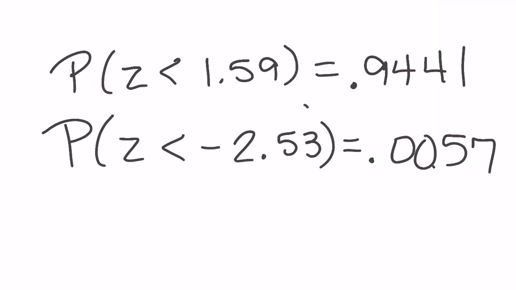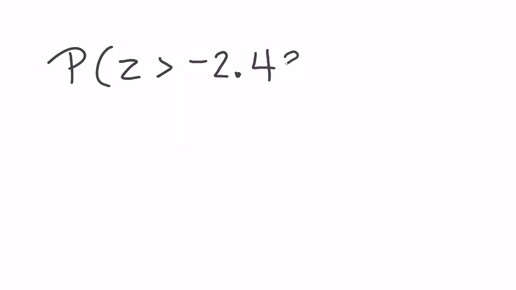Now today, we've started adding some more complicated stuff to these problems. First, we started by talking about the probability that Z is greater than a number, let's say negative 2.43. In order to find this, we're going to have to calculate 1 minus the chart value.